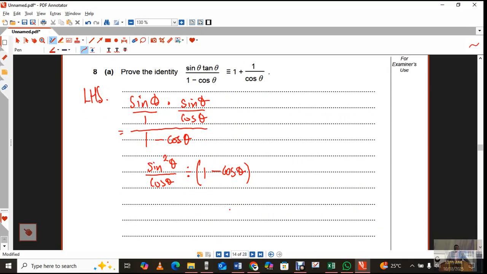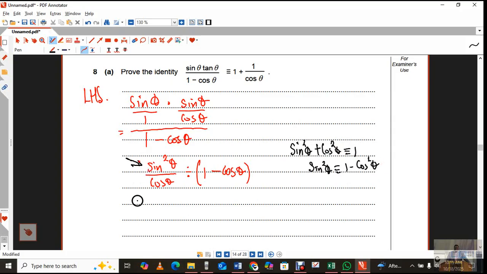Then from the first Pythagorean square identity, the basic one that you should know, sine square theta plus cos square theta is identical to 1. Then sine square theta is identical to 1 minus cos square theta.